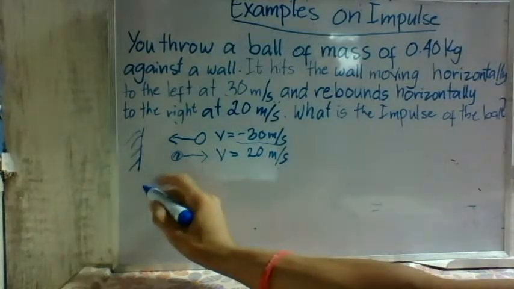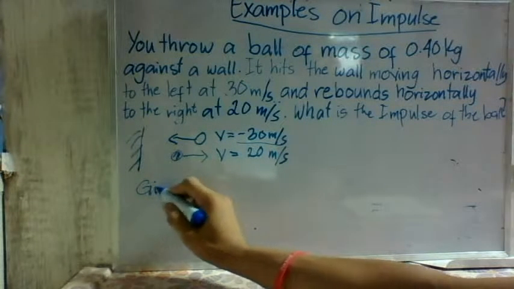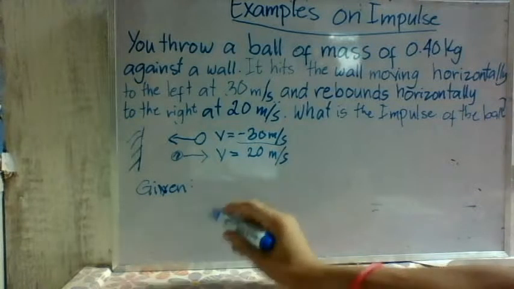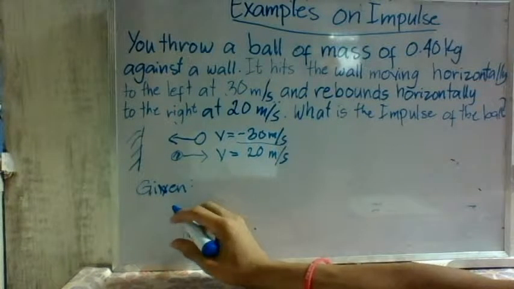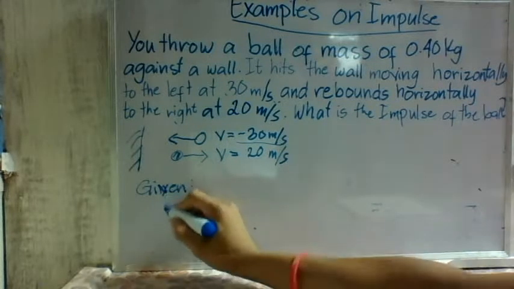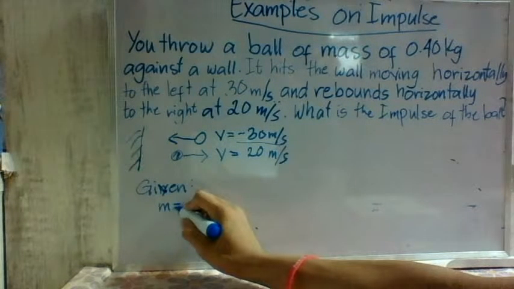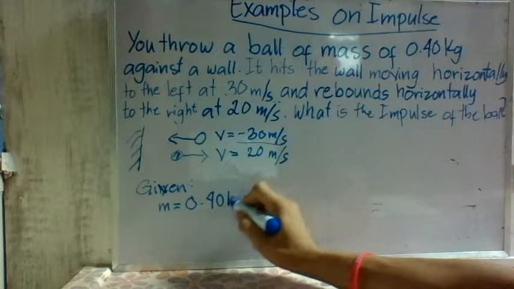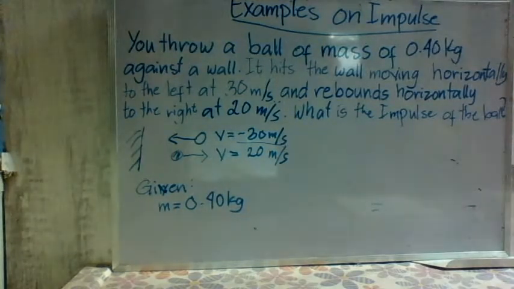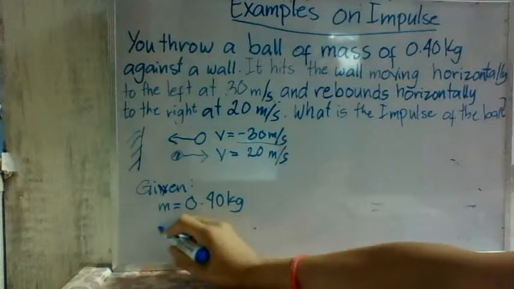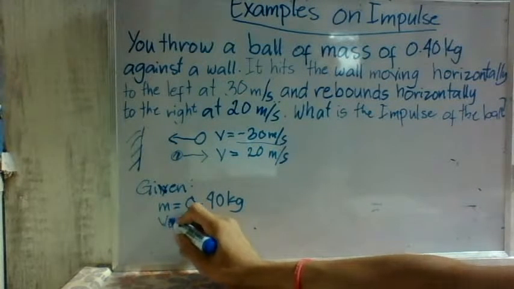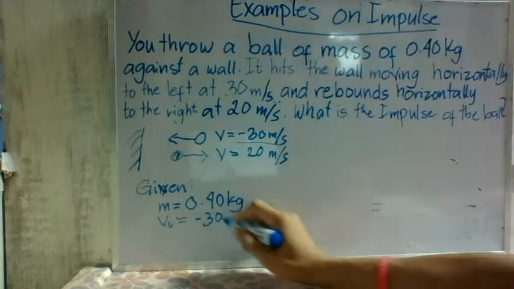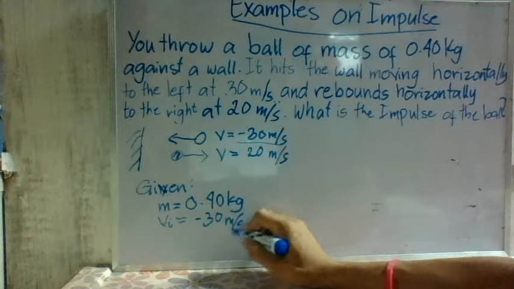So natay given nga mass natong ball nga 0.40 kilogram, atong velocity initial nga negative 30 meters per second.